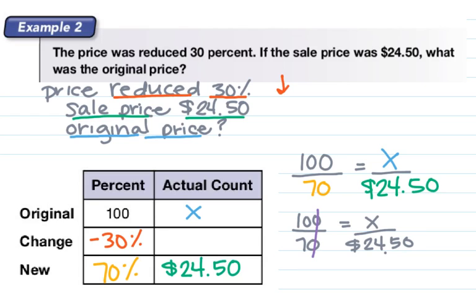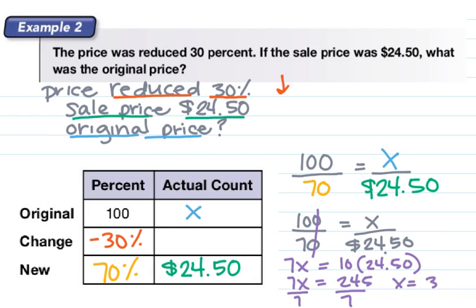So now I'm going to cross multiply, and I'm going to have 7x equaling 10 times 24.50, or really 7x equaling 245. Divide by 7 on both sides, and x equals 35, and we are dealing with money here, so it's $35.